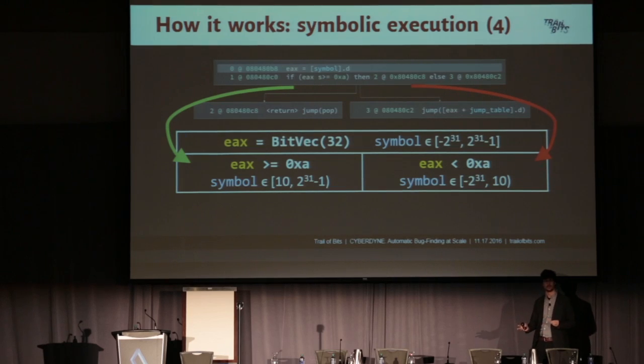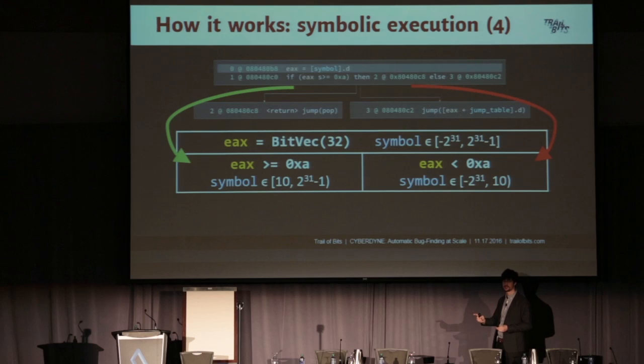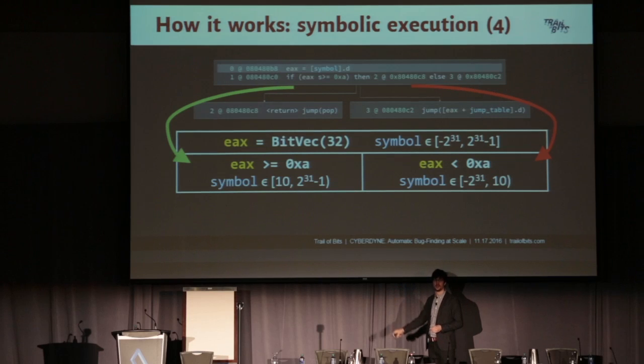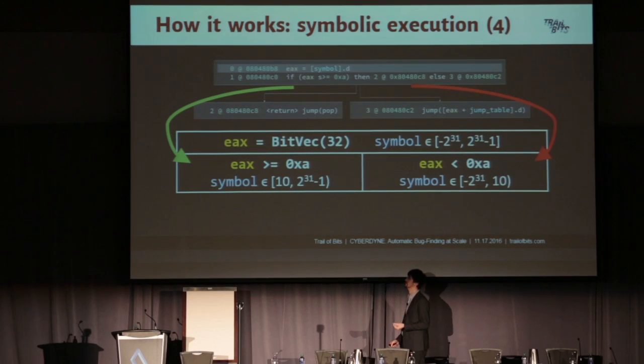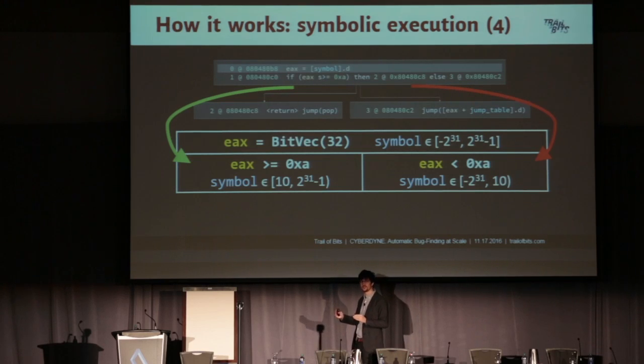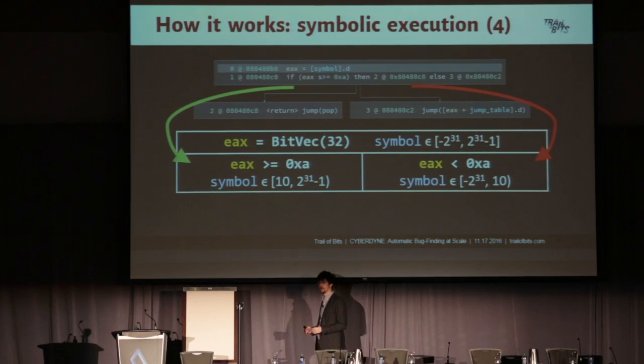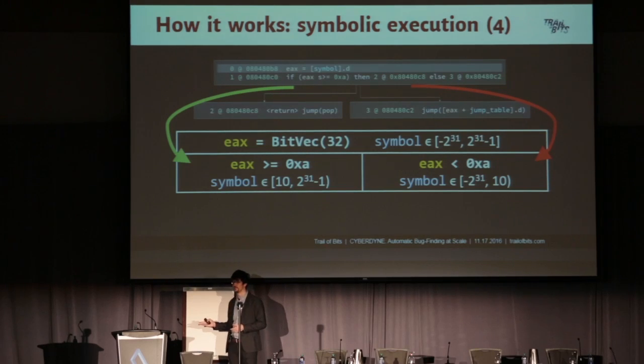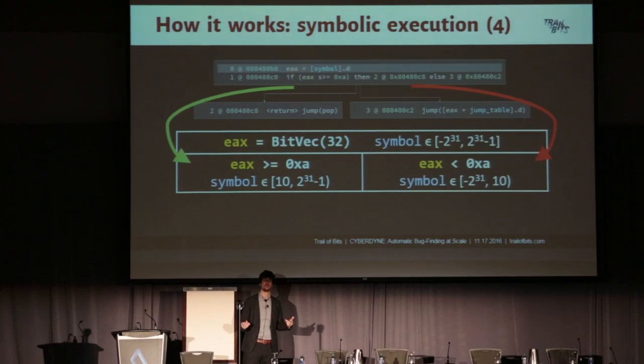It's going to fork. It's going to say, okay, we've got this input symbol. We've stored it in EAX. We now do our conditional branch on EAX. Down the path here on your left, we see that the value is greater than or equal to 10. And so the possible values of that input symbol are anywhere from 10 to 2 to the power of 31, all those positive numbers in that 32-bit range.